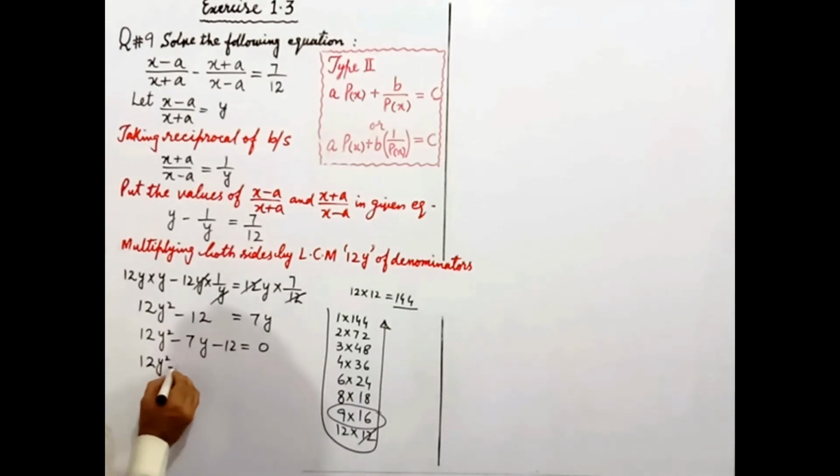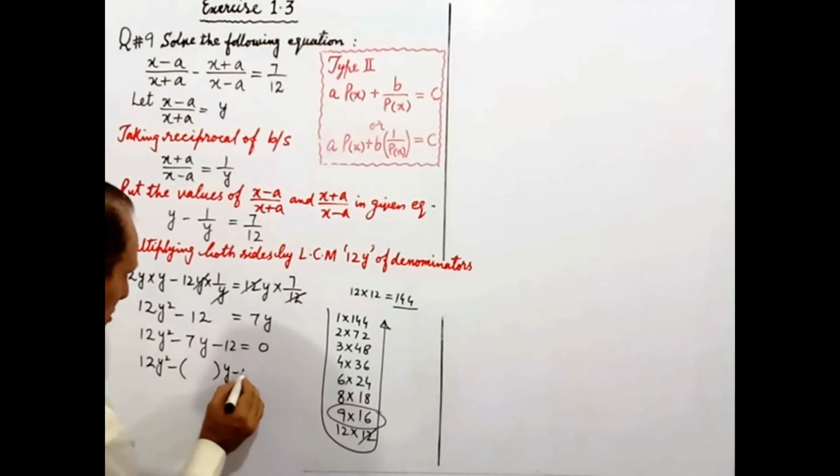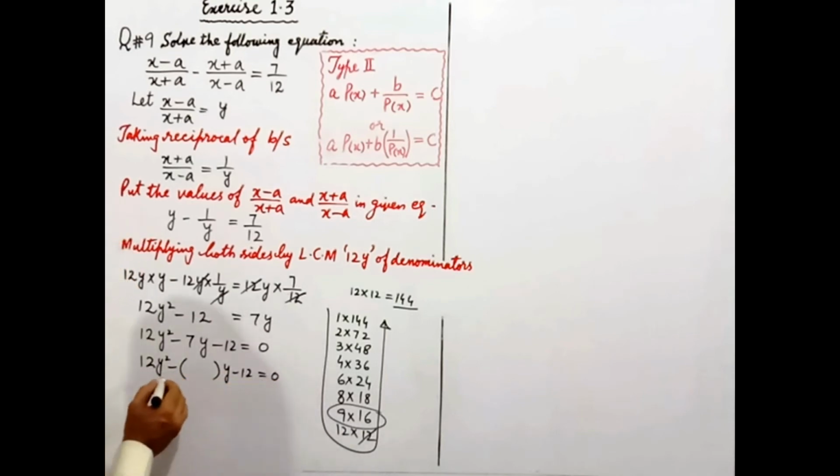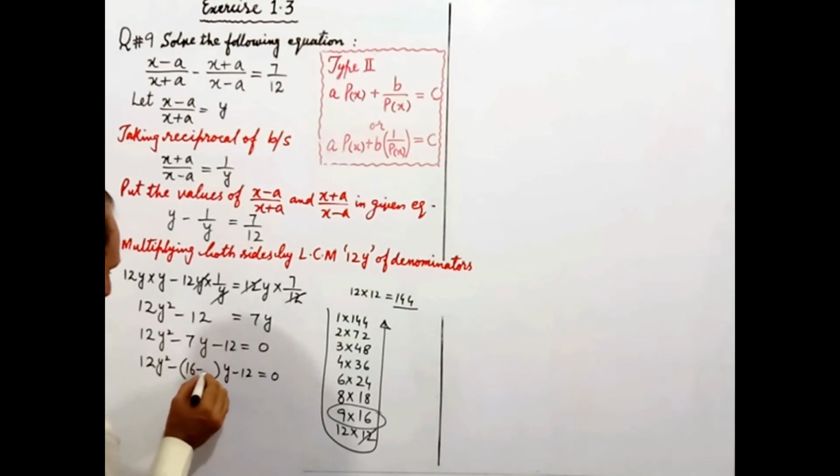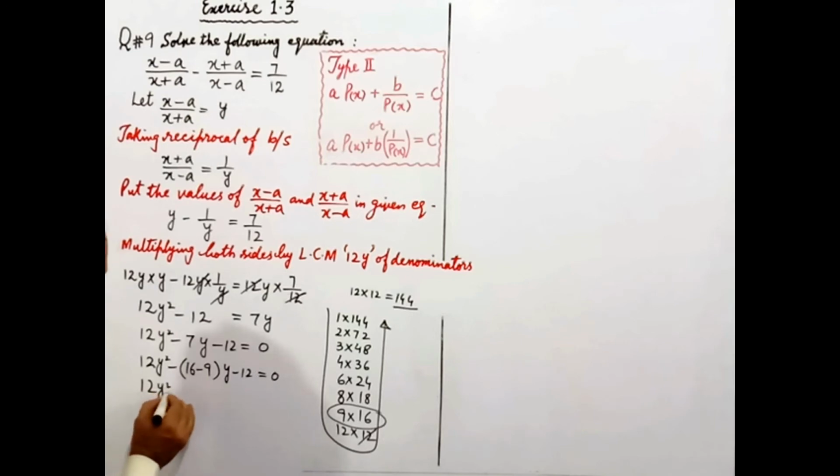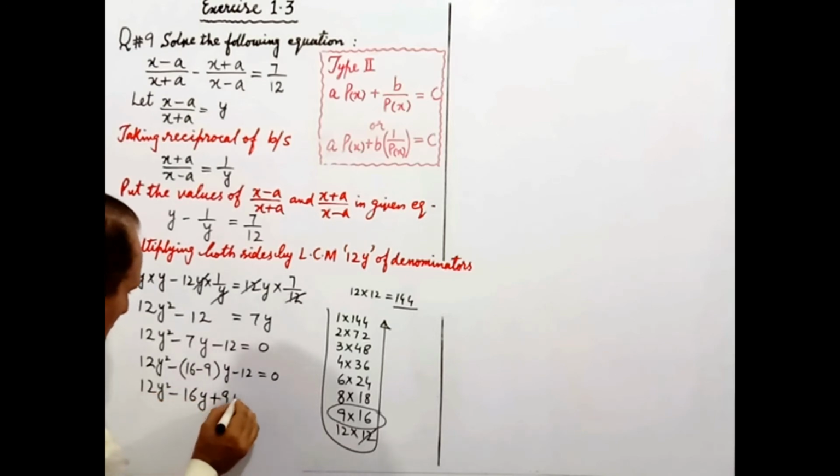12y square minus, in place of 7 we put a bracket, y minus 12 is equal to 0. 16, last term sign place here, 16 minus 9. We open the bracket: 12y square minus 16y plus 9y minus 12 is equal to 0.